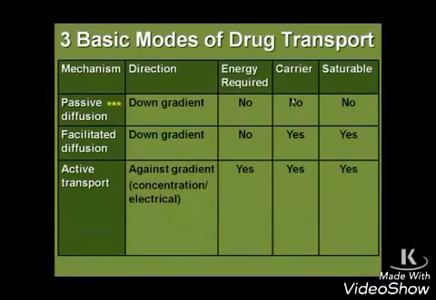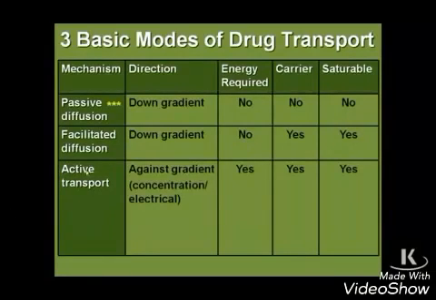They don't require energy, they don't require a carrier, and since there's no carrier involved, the system here is not saturable. There are only a few examples of drugs moving by facilitated diffusion. Remember, this is where the drug moves down its gradient, does not require energy, but it does require a carrier. And since it requires a carrier, the system can be saturable.